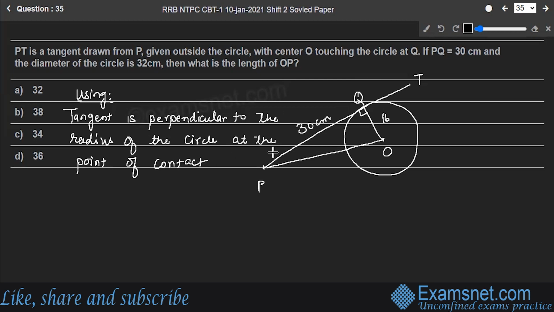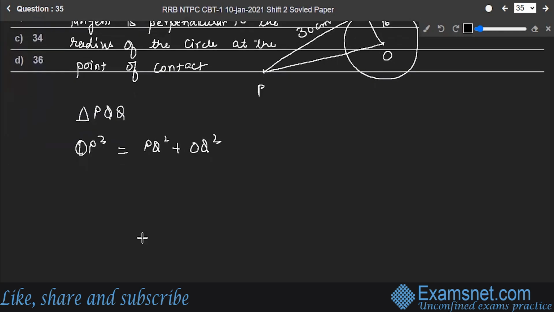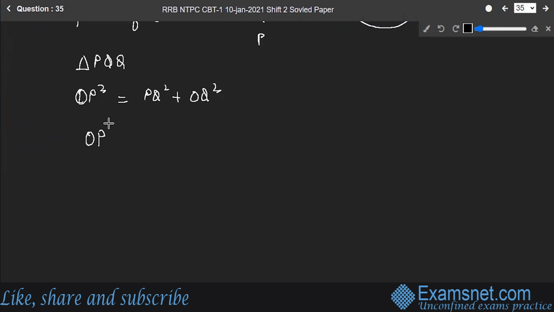So we will be using Pythagoras theorem. Let's take the triangle POQ. OP square, this is hypotenuse, is equal to PQ square plus OQ square. Yes, we have to find out OP. OP square, PQ is given to you 30 and OQ is the radius, which is 16. So 900 plus 16 square is equal to, let's calculate. 1156.